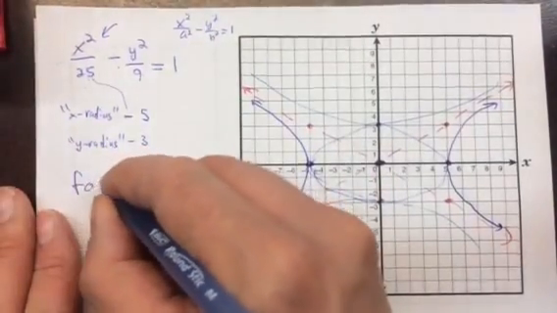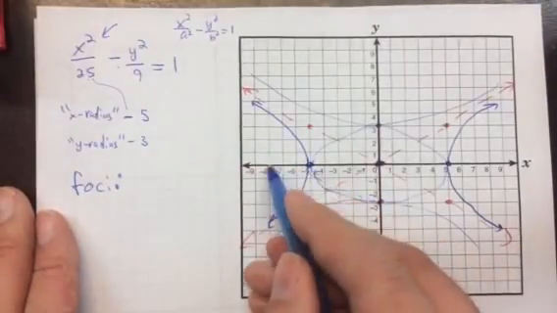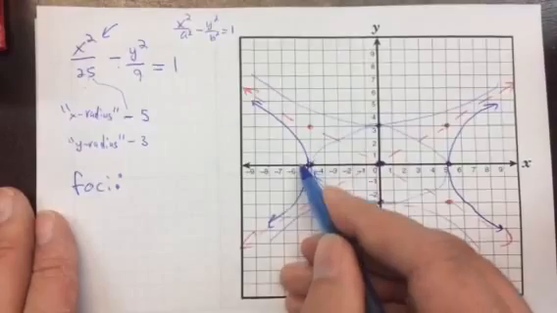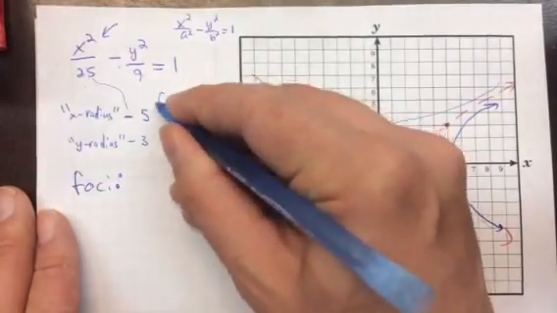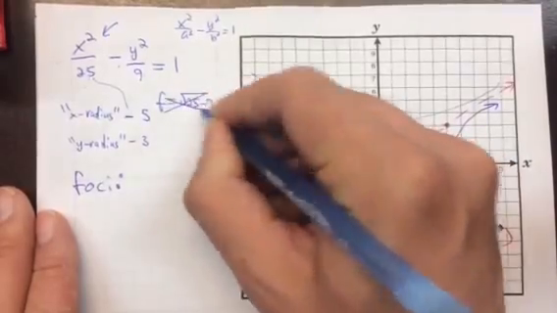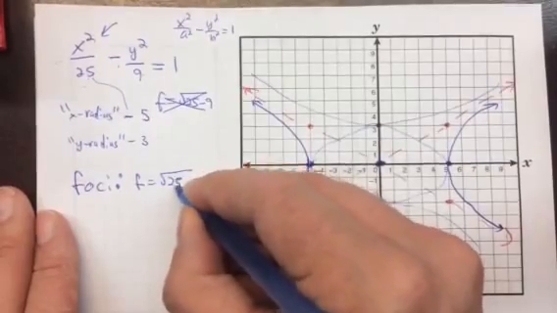The foci. Well, the focus distance here is actually going to be inside of the hyperbola. So it's a little bit further than any of the vertices. So instead of, remember for an ellipse, we did the focus distance is the square root of 25 minus 9. But now, the focus distance is going to be the square root of 25 plus 9.